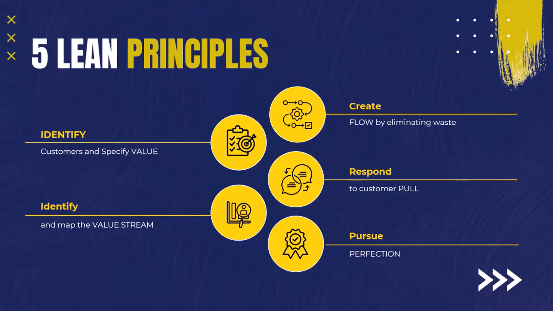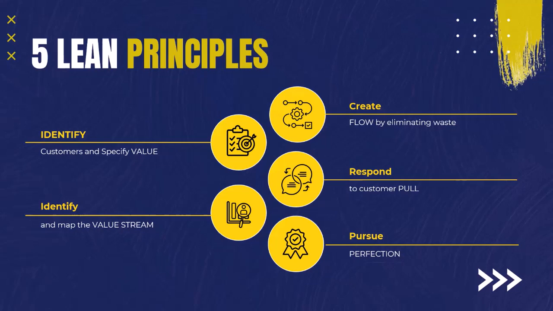Third, creating a smooth flow without interruption by eliminating wastes. Fourth, responding to customer pull. We are going to explain the difference between pull and push in a few minutes. And finally, pursuing perfection, and this is by ensuring continuous improvement. So as you can see, those 5 principles could be applied to any field in order to enhance its performance.